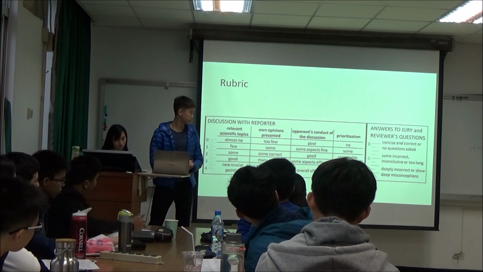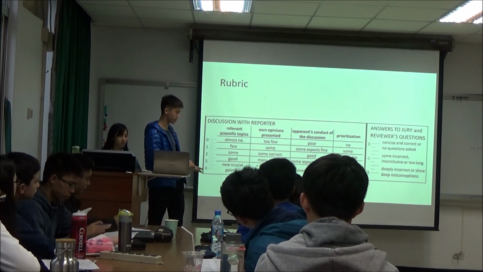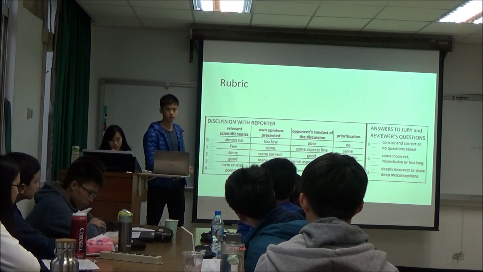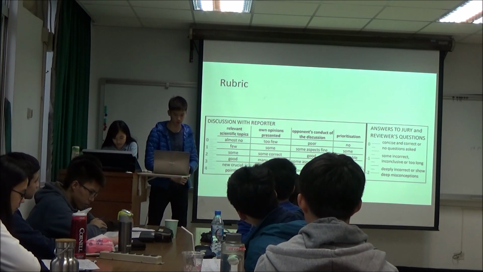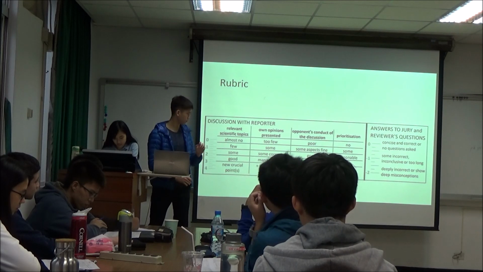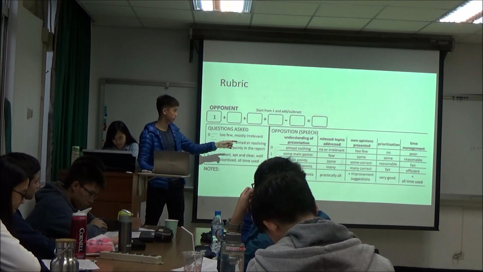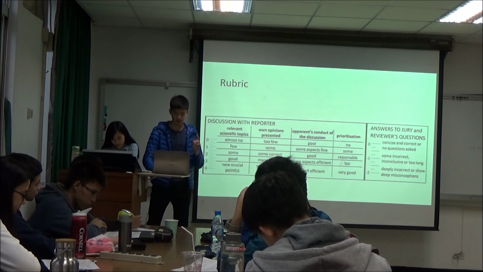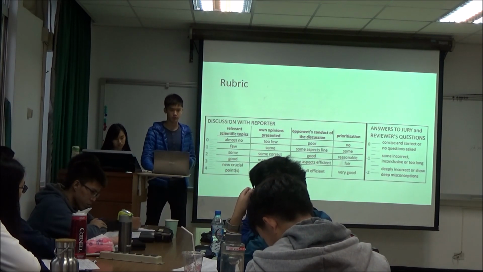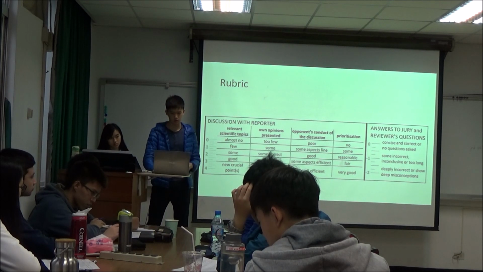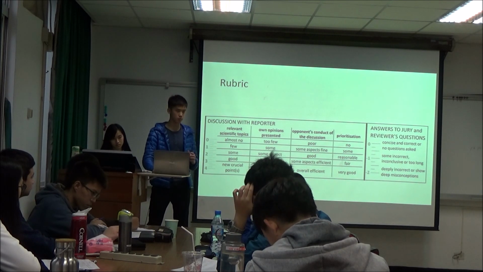Okay, so during the discussion, you can see it's worth equal points as your speech. So the discussion is a very large part of your grade as an opponent. Relevant scientific topics is very similar to relevant topics from earlier, but it's relevant scientific topics, not relevant topics, because technically in your speech, although it's not encouraged, you can mention problems with their technique.